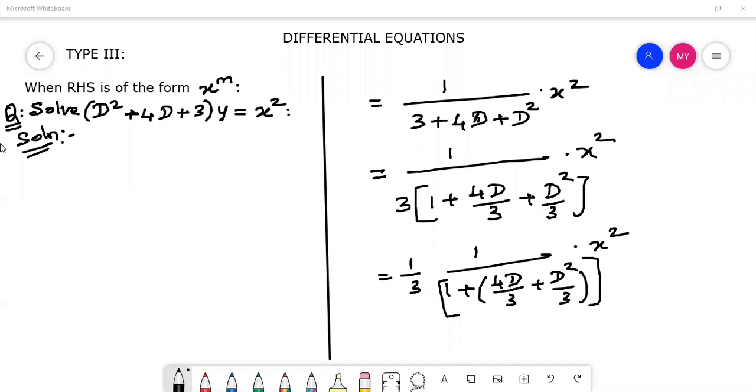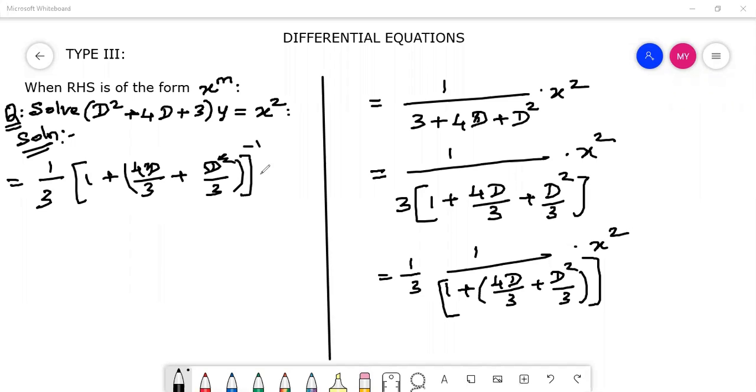While taking this to the numerator, it will be 1/3 times [1 + 4D/3 + D²/3] to the power -1, the whole inverse, times x².